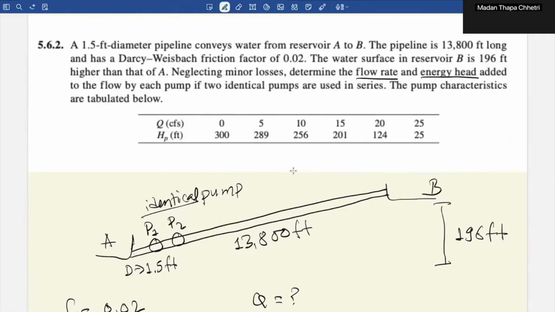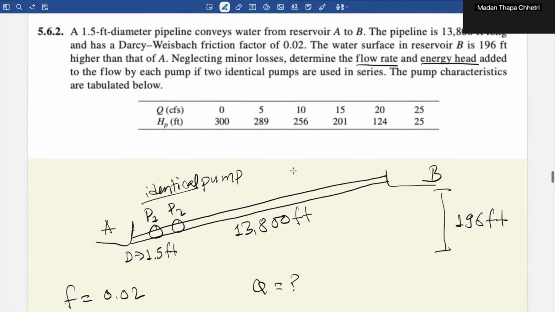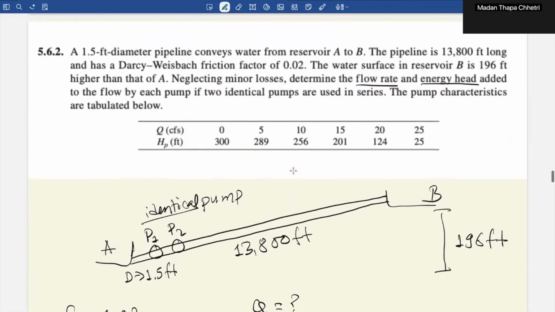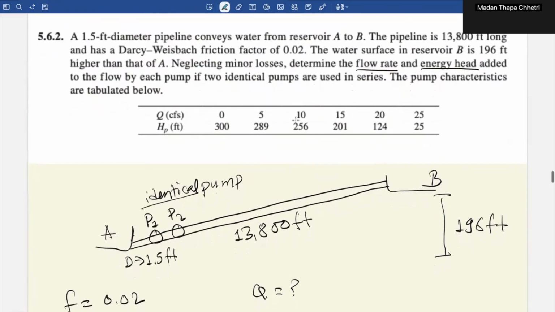So now let's go to question number 3, which is 5.6.2. It's about two identical pumps in series. So let us read the question first. A 1.5 feet diameter pipeline conveys water from reservoir A to B. I have also drawn the figure for simplification.